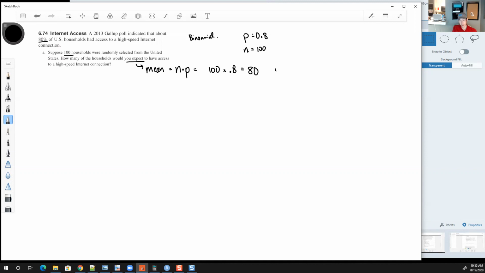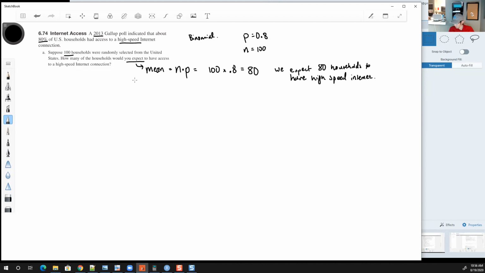We would expect 80 households to have high-speed internet. I don't know what counts as high-speed internet anymore, and this was 2013. It's 2020 today.